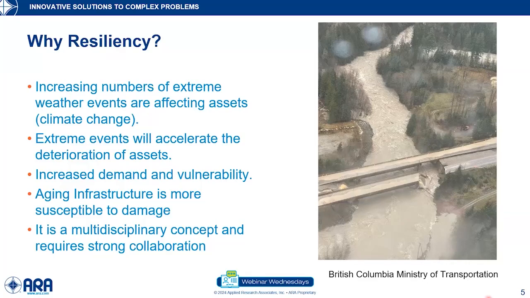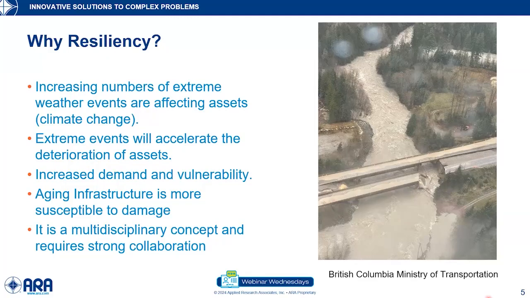When we think about extreme events, the terminology may change from slide to slide between extreme and disruptive events. It's sort of an unexpected event, or it could be expected and planned for, that the asset is trying to accommodate. So this will accelerate the deterioration of the assets, and there is an increased demand as well.